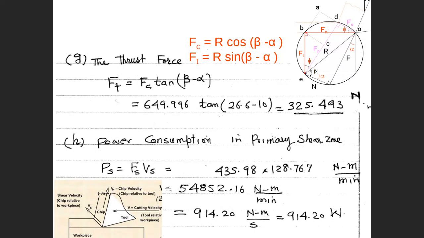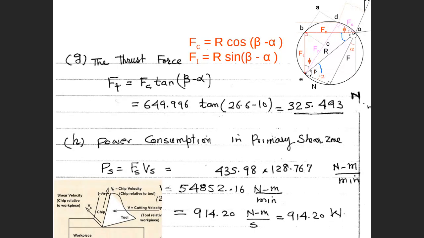Let me just tell you, I hope you remember. Actually, this is really very important. You must know this one. This one is beta minus alpha, and this one also is beta minus alpha. So this angle equals this angle, which is beta minus alpha. Then Fs equals R cosine of phi plus beta minus alpha.